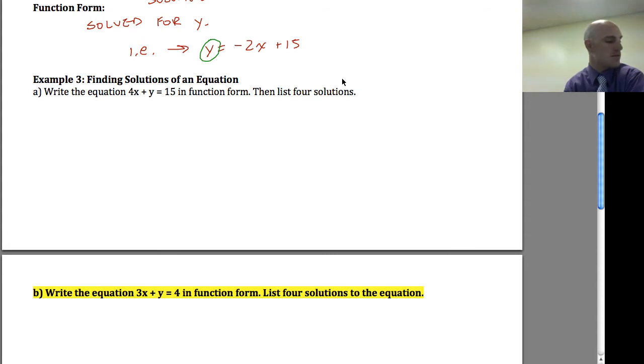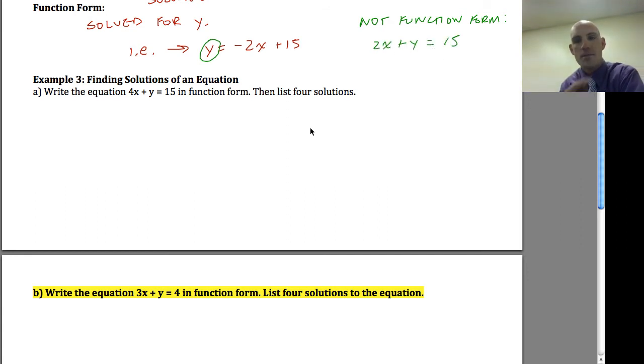Here's not function form: 2x plus y equals 15. Notice it's the same equation because I could subtract 2x from both sides and have 15 minus 2x, or negative 2x plus 15 equals y. Same equation, different forms, but it's not function form.